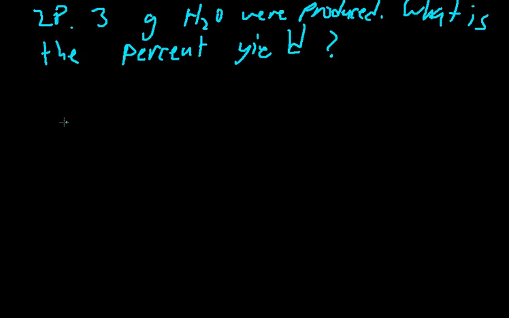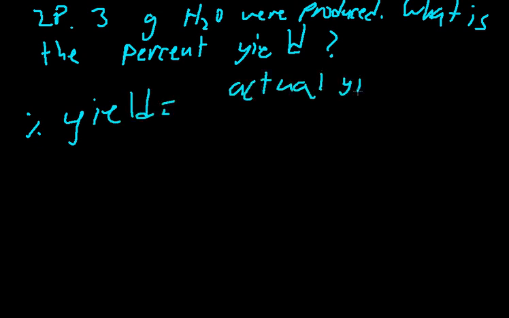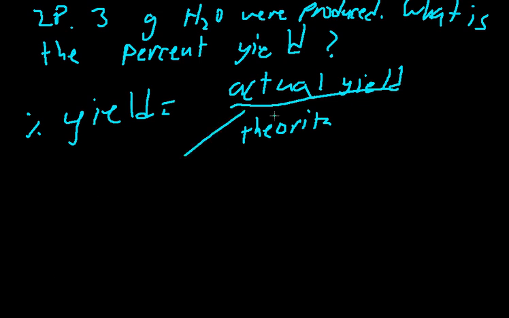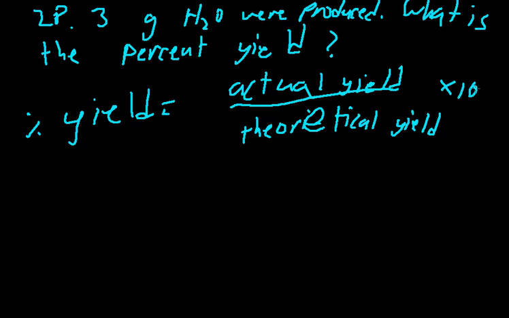Well, we know that percent yield is equal to the actual yield divided by the theoretical yield, multiplied by 100.